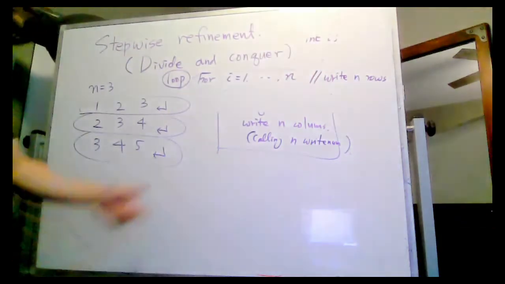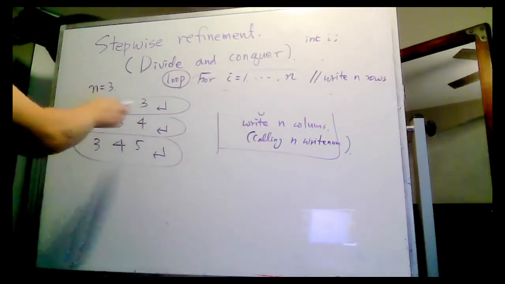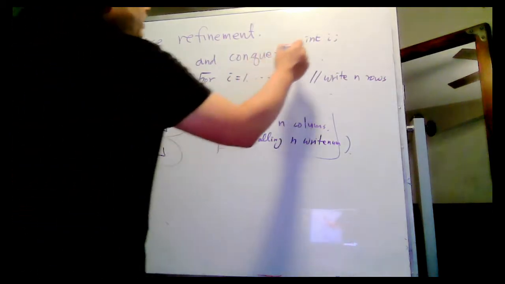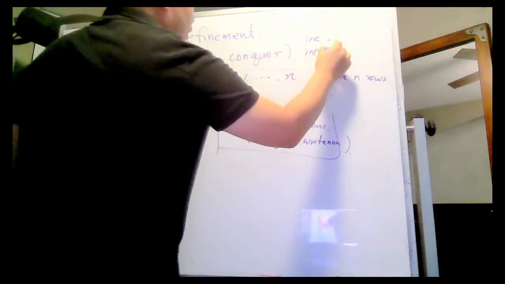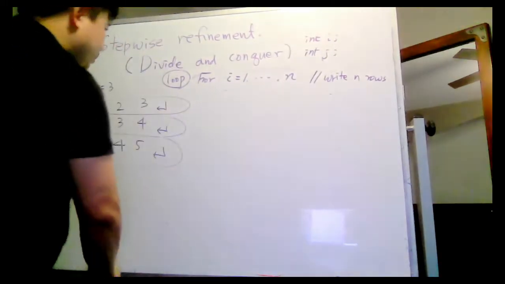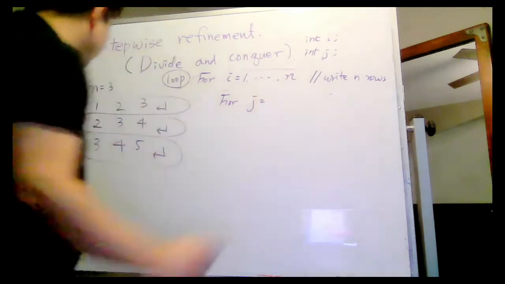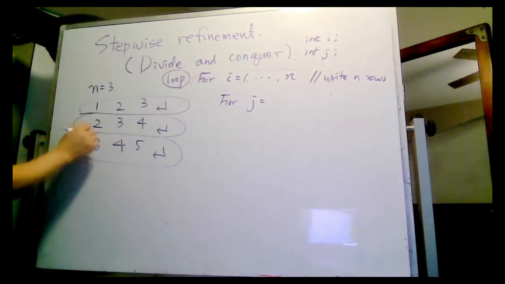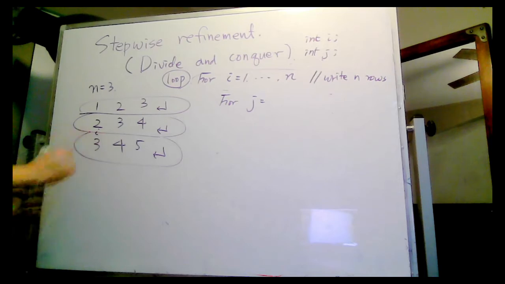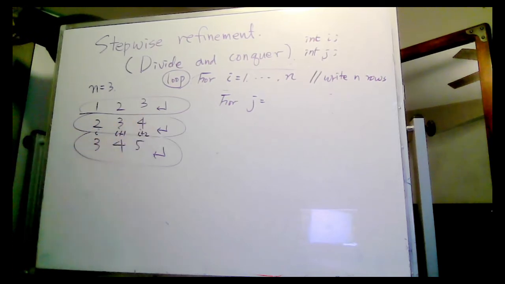And then you have to write n columns. Because you need to call write num n times, I'm going to introduce another variable j. So let's say this is i, in this case, and you have to print write num i, and then print i plus 1, and then write num i plus 2.